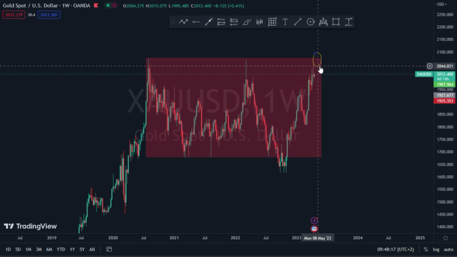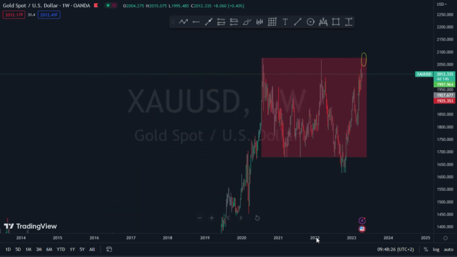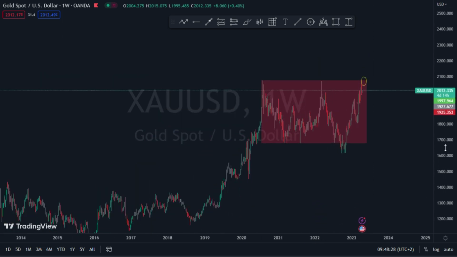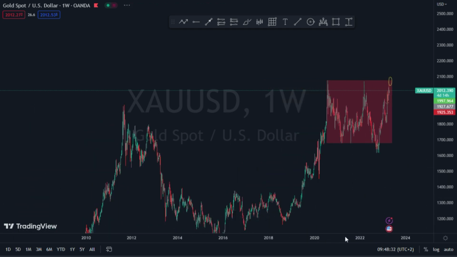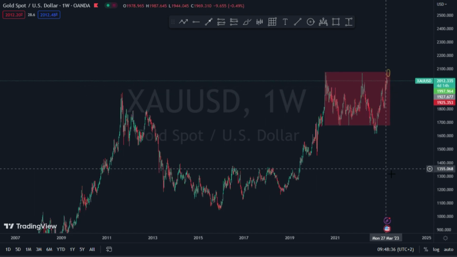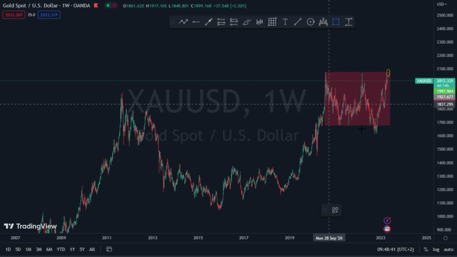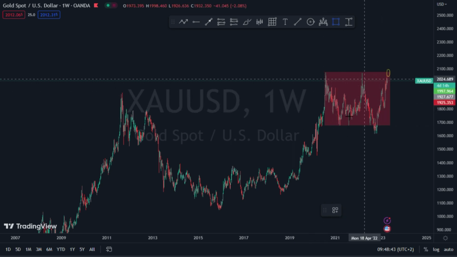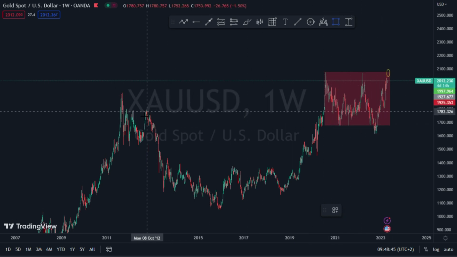And remember that everything that happens in the market is just a repetition of something that happened previously, right? As I say, we use past data to predict the next move in the market. If we look at this weekly time frame, this structure that has been formed here currently has been formed before.